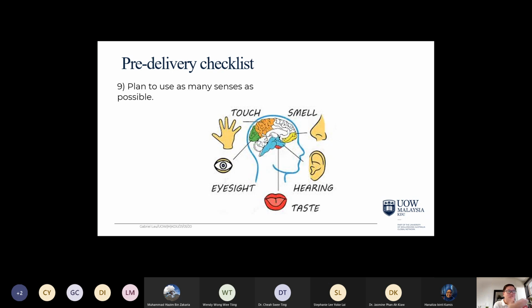You may ask, Gabe, how to use smell? Can smell be used in class? Can. Hospitality lecturers, you are doing a basic commodity class with your students. Commodities are the basic items.